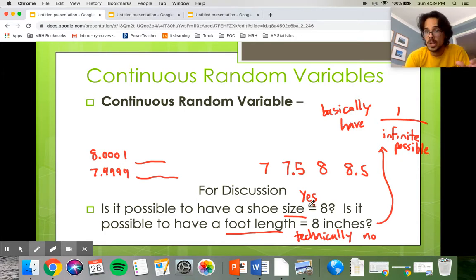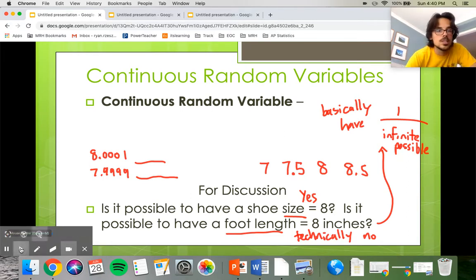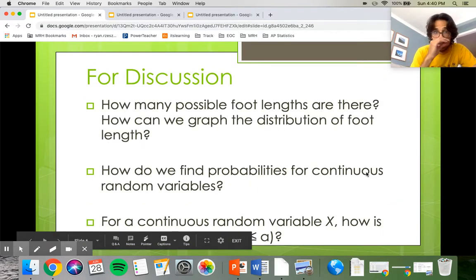If you have something discrete, you can equal an actual value, like with shoe size right there. But if you have a continuous variable, you can't equal a certain value because there are just an infinite number of possibilities, and it rounds to 0, basically. So when we figure out probabilities for continuous scenarios, we don't look at equals. We look at ranges of values instead. So if I take this chunk of possibilities from 7 to 8 inches long, that we could do. So we'll always look at continuous probabilities in a range.